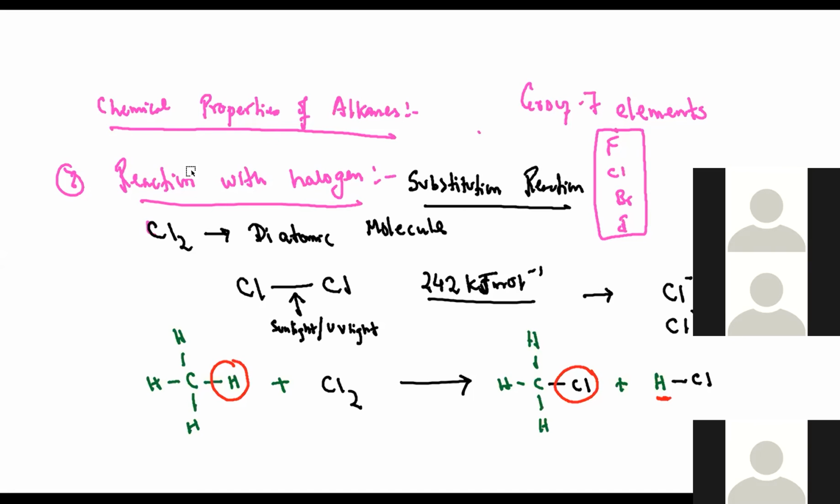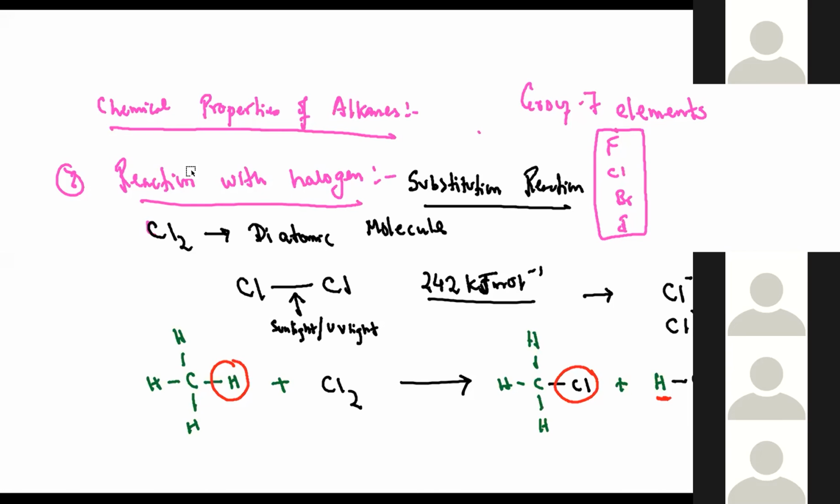So substitution reaction is because they're already saturated and they cannot take in any more new atoms. Therefore alkanes undergo substitution reaction because they are saturated hydrocarbons.